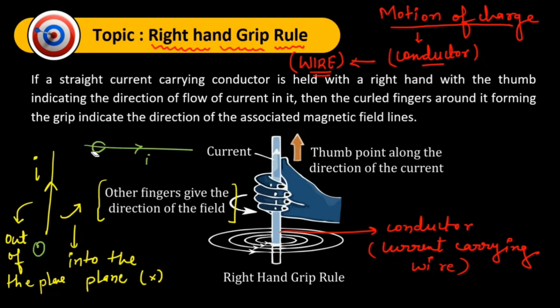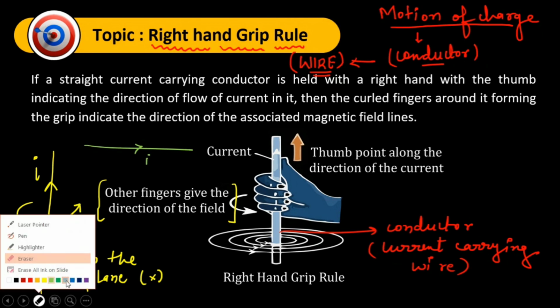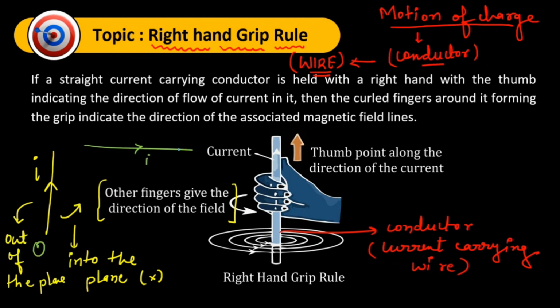One more thing about this current carrying wire is that whatever type of magnetic field they create, they generally form a closed loop like that. So it must be coming out from here and going into here.